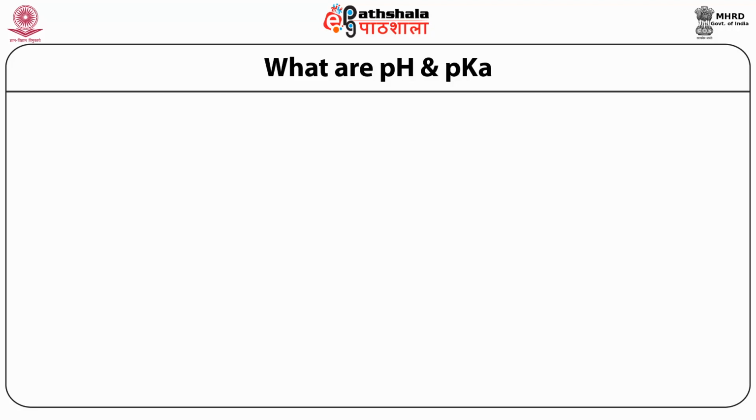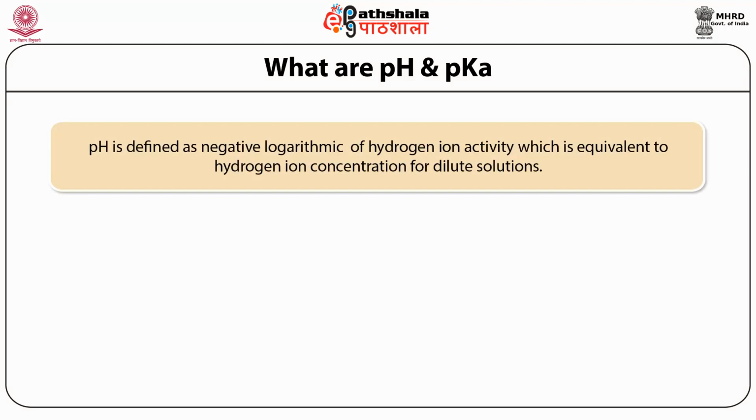a simplified version of representing the hydrogen ion concentration is defined in terms of the pH, where pH is defined as the negative logarithm of hydrogen ion activity, which is equal to hydrogen ion concentration for dilute solution. So there is a slight difference between the hydrogen ion concentration and hydrogen ion activity. Only for the dilute solution, the hydrogen ion concentration is equal to hydrogen ion activity.